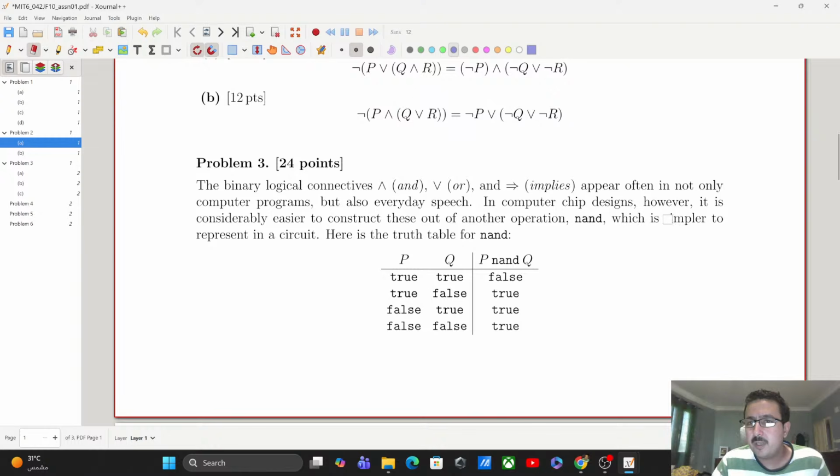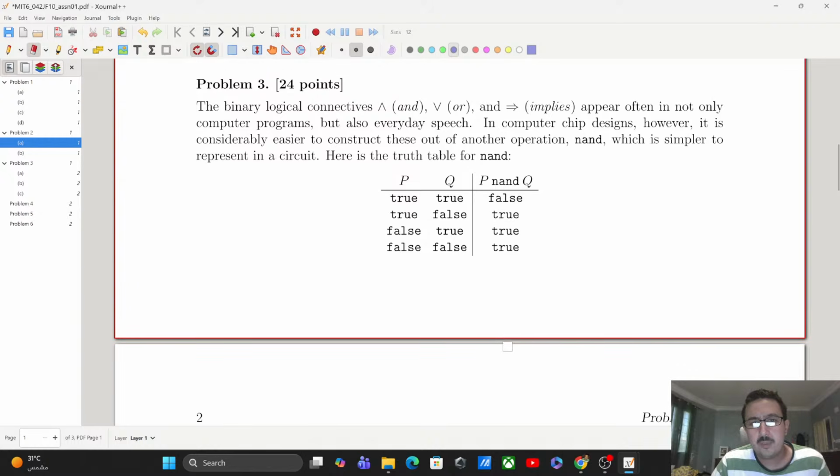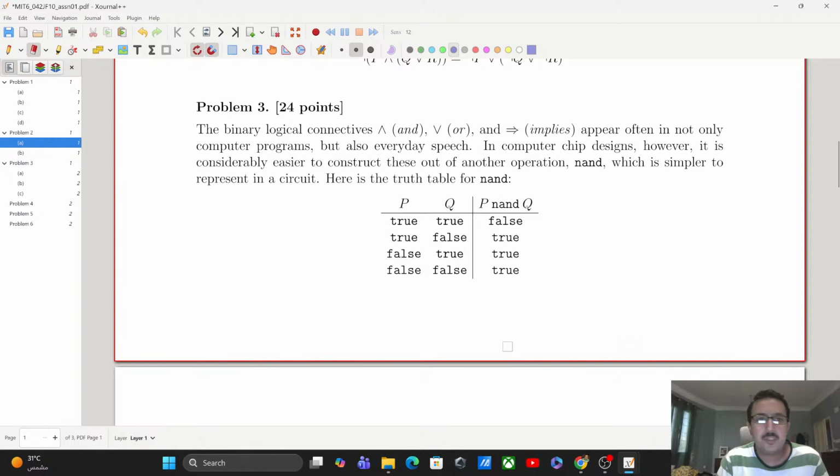Computer chip designs, however, it is considerably easier to construct these out of another operation, NAND, which is simpler to represent in circuit. Here is the truth table for NAND.